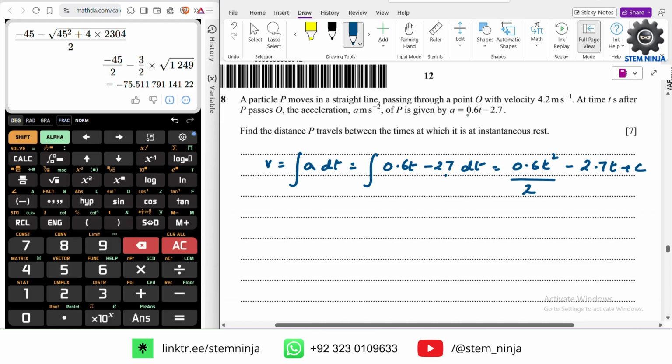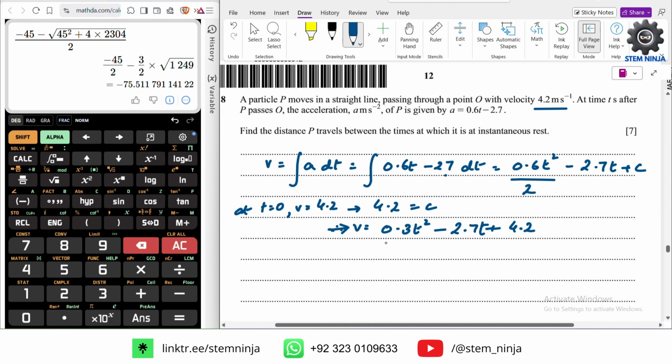Initially, when t is equal to 0, v is 4.2. So 4.2 equals c basically. So therefore v would be 0.3 t squared minus 2.7 t plus 4.2.